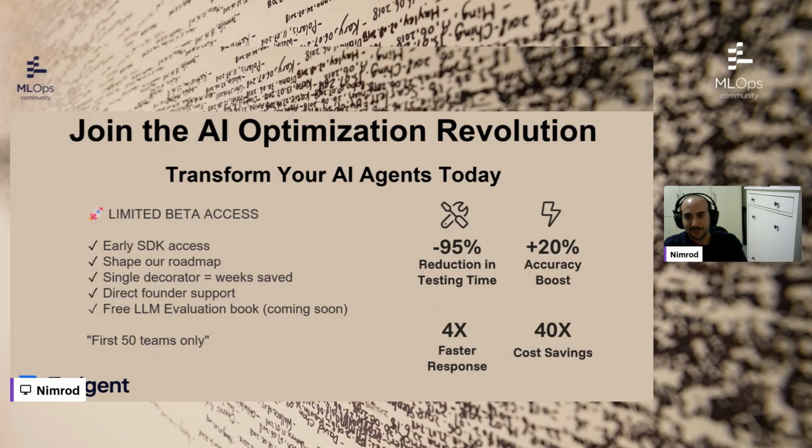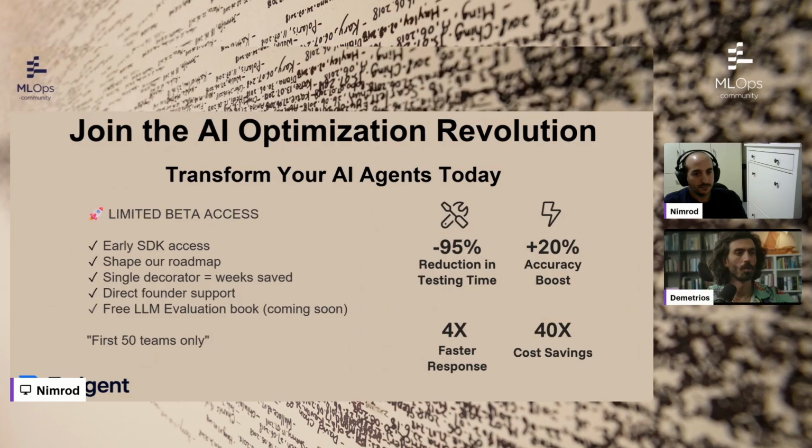But still, we hope that with this SDK, people will start experimenting with their agents and trying to optimize them. And if you want to join, we're just about to release a closed version just to get the initial feedback and realize what people really want to see.